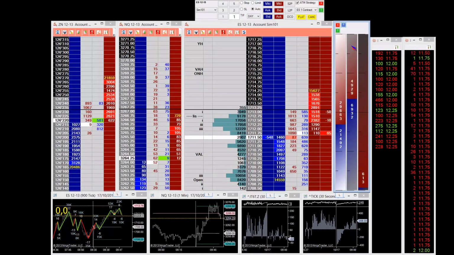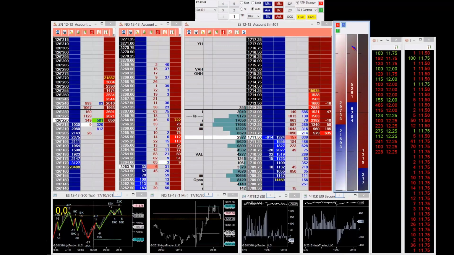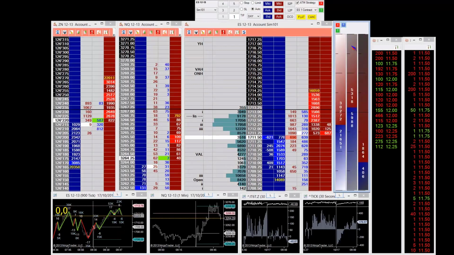Okay, now one of the key things about this, when we actually decide we want to exit, if there's a really large bid or offer in the way between us and the stop, we might just let it trade to that point and actually see what happens.